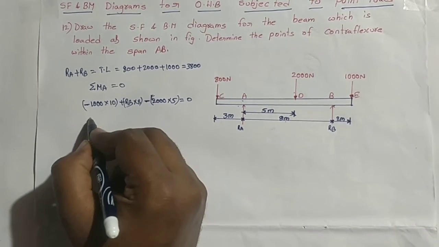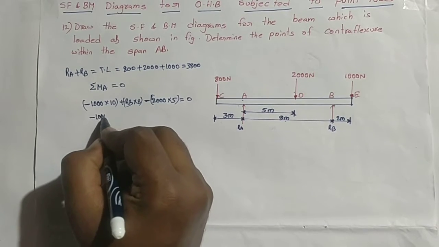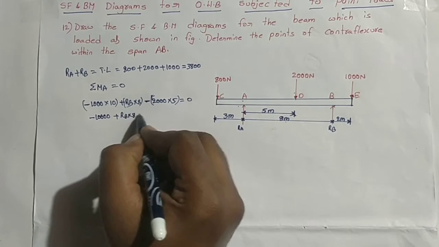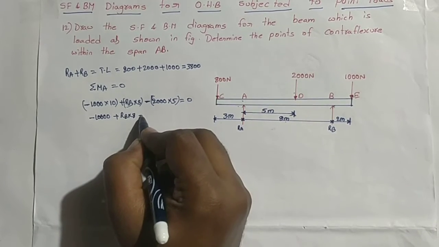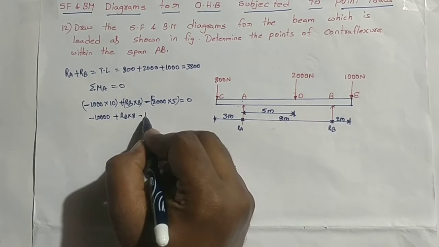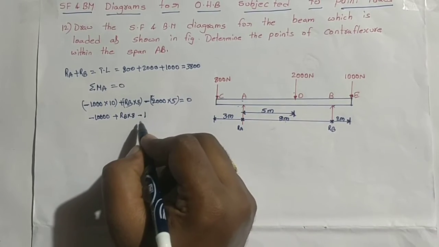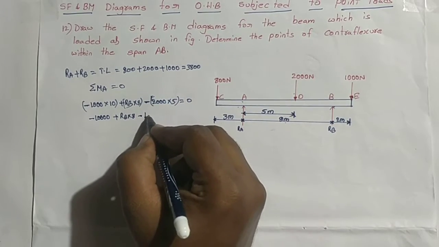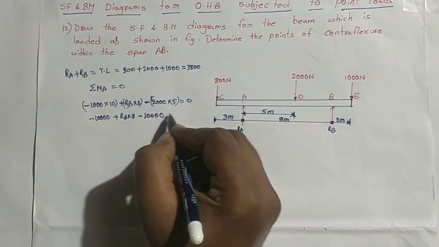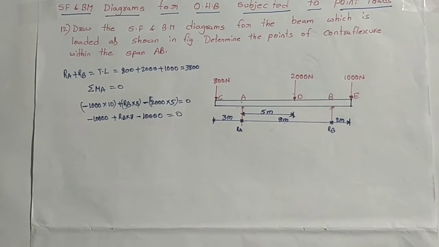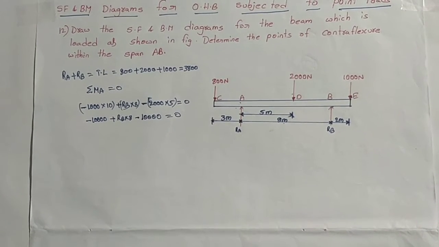That is minus 10,000 plus RB into 8 minus 10,000, which equals 0. By simplifying the above equation, we get the value.